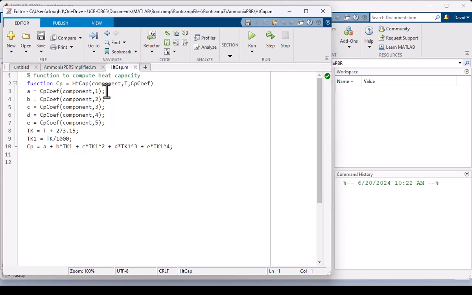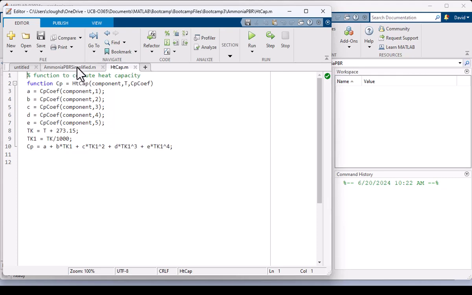Now you'll notice here that the argument T is actually in Celsius, and then we convert that to kelvins, and we scale it by 1,000 to put it into this particular polynomial formula. That is the typical way that the heat capacity is computed on a resource like NIST, and so that's why we approach it in that way.